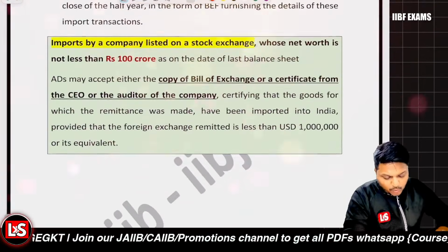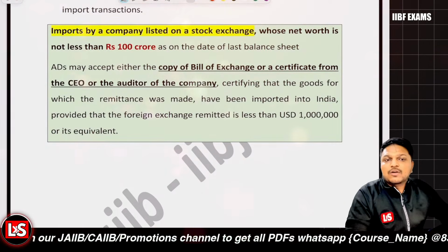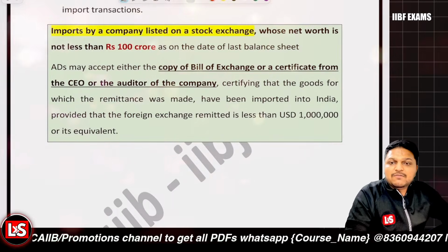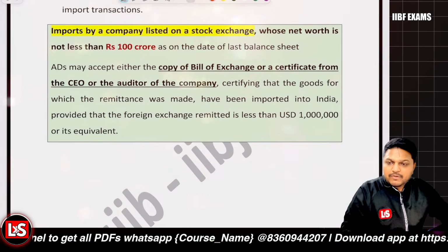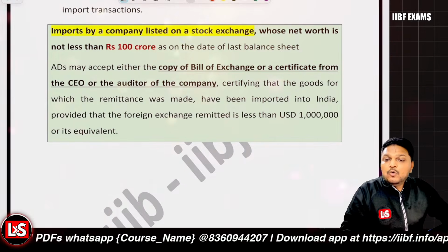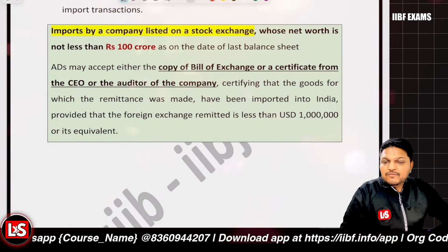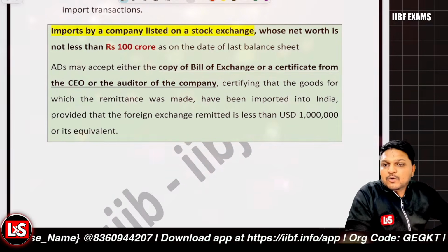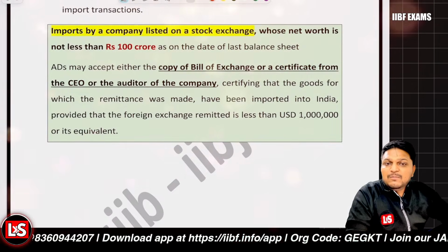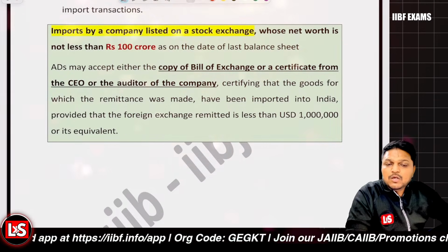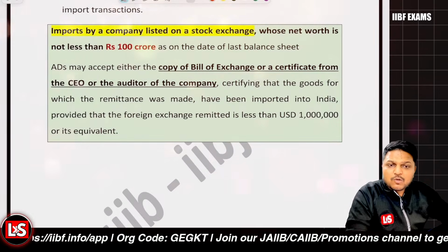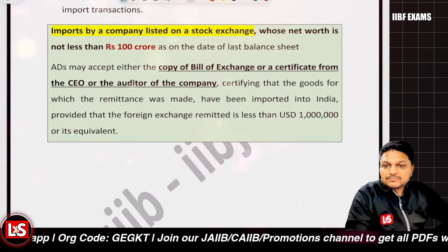Now, imports of a company which is listed on the stock exchange, where the net worth is not less than 100 crores. We are talking about imports by the company. If the goods have been imported by the company, in that scenario, what is the limitation or duty? Let's have a look.